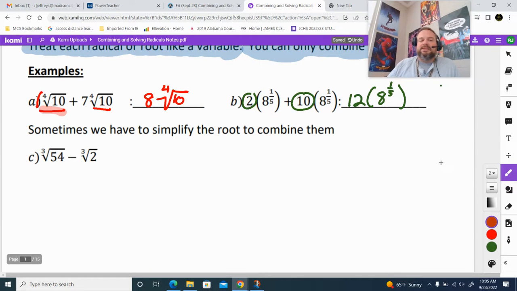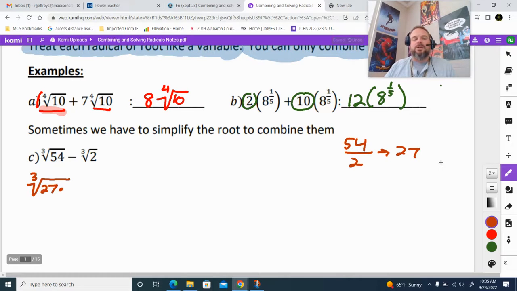This is the cube root of 2. Now, if we were to take 54 and divide by 2, we actually would get 27. I wonder if we could take the cube root of 27.